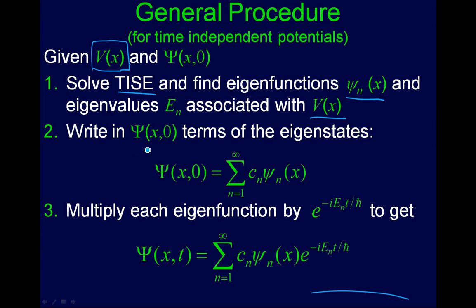And then we'll be given some initial wave function. We'll learn tricks to represent any wave function as a linear combination of these energy eigenvectors. And then to time evolve it, just like in the rules of quantum mechanics, we'll multiply each energy eigenfunction by this term here, which we should recognize from rule 7 of our rules of quantum mechanics. So we'll talk much more about that.